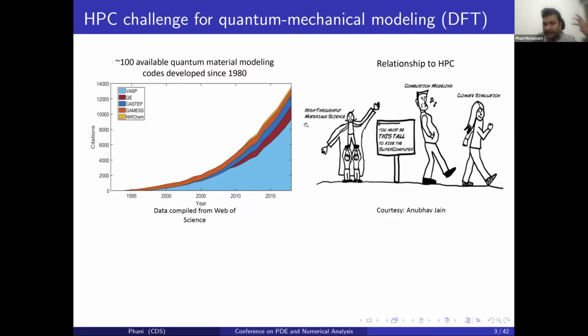But in quantum modeling of materials, in order to use the large scale supercomputing resources available today, people just do high throughput calculations and try to fill up the massively parallel supercomputer. Really, they are not taking advantage of the advances happening in the high performance computing community, where you have a massive increase in compute power, which should be leveraged, and the algorithms should take part.